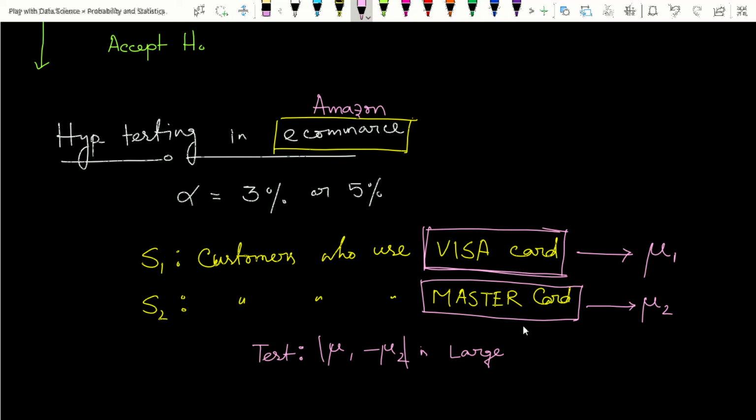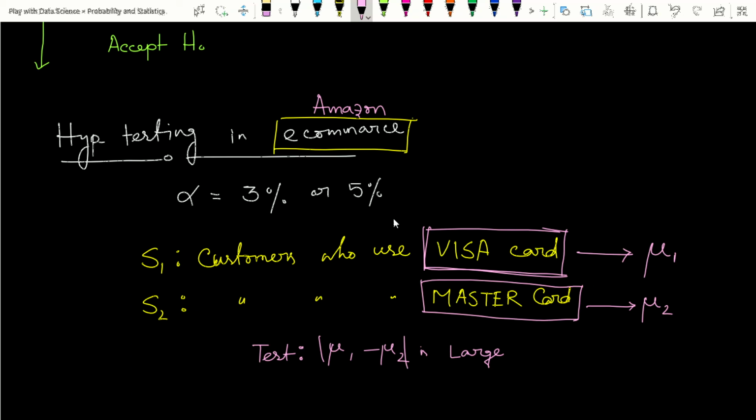If it is large, it means the mastercard and visa card users are different, they use different types of e-commerce websites. If the difference is small, it means there are no differences, any card users can use any kind of e-commerce website. Sometimes e-commerce companies want to get such kinds of answers.